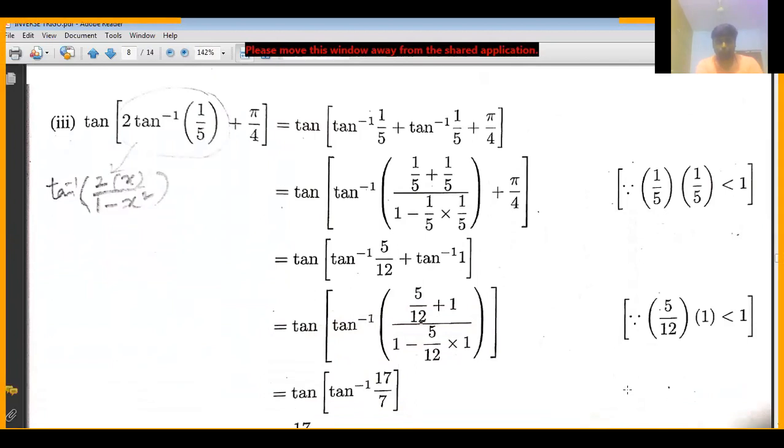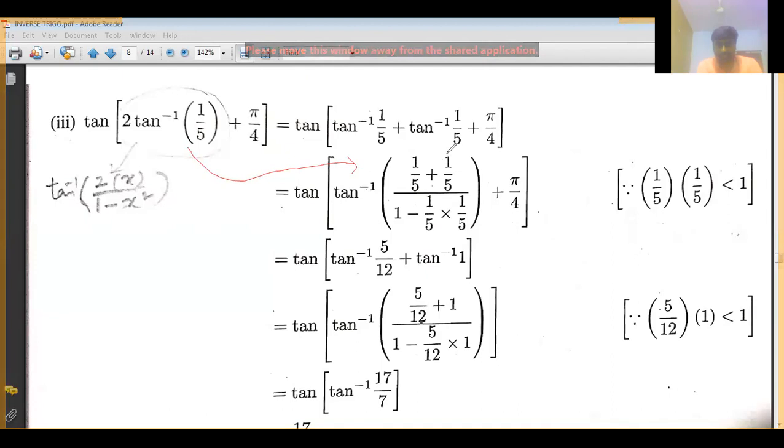Tan of 2 tan inverse 1 by 5. I told you, 2 tan inverse of something. Wherever we have 2 tan inverse of something, directly we can use the formula. What is that? Tan inverse of 2x by 1 minus x square. No need to split like this. Directly we can use the 2 tan inverse x formula.